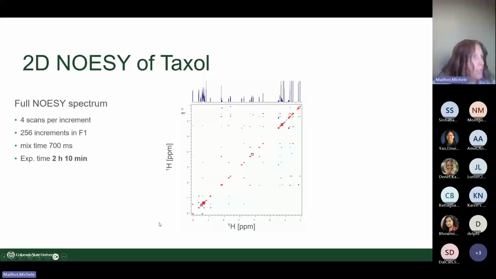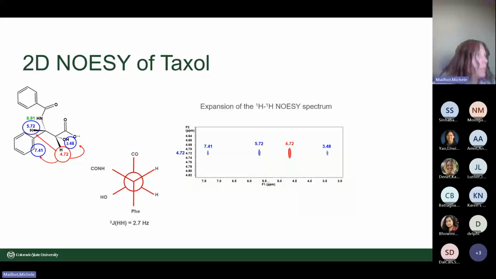It's pretty confusing, but you can step through it one plane at a time. So if we look down this bond and the one proton here at 4.7, you notice that you see the cross peak to itself, but you see a cross peak to 5.72, which is this proton.